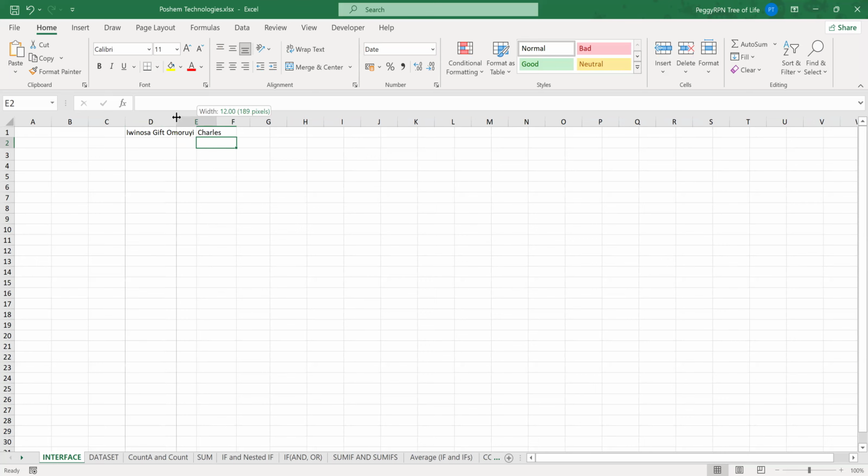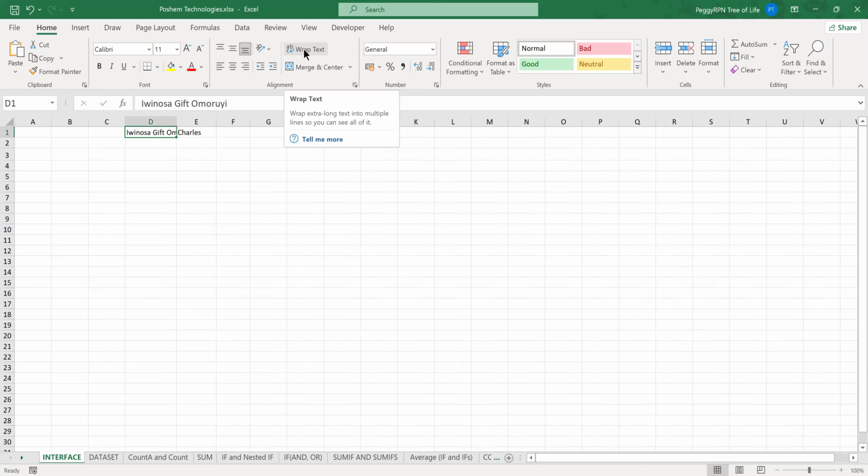So you can have such situations. Another thing you can do is come here and click on wrap text. It says wrap extra long text into multiple lines so you can see all of it. So I can click on wrap text and look at how it adjusts itself.